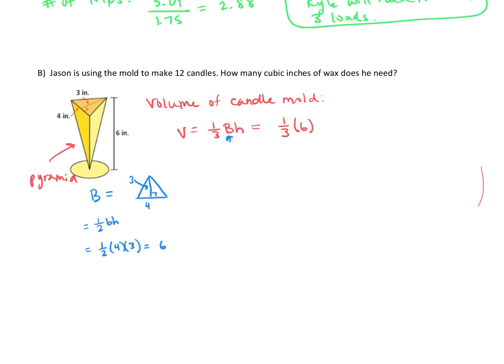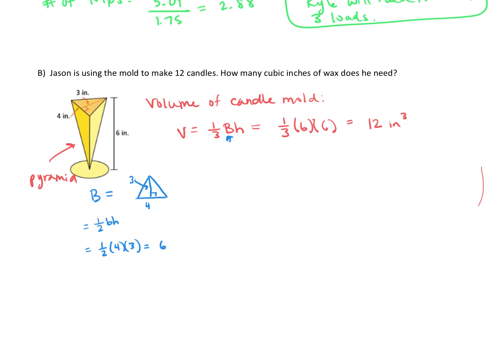And then the height of the pyramid, this 6 right here, is the height of the pyramid. When we multiply that together, 1/3 times 6, we get 12. And we are in inches cubed. So each mold will hold 12 inches cubed of wax.